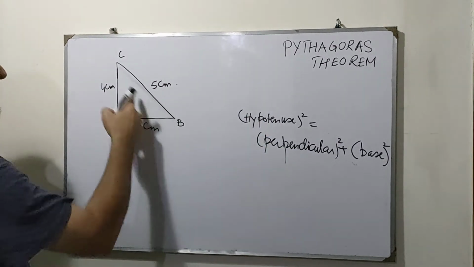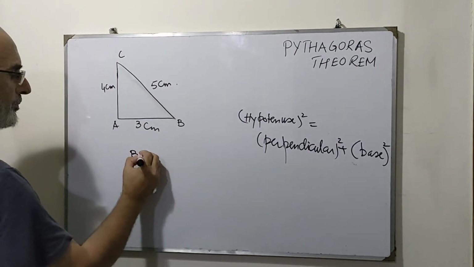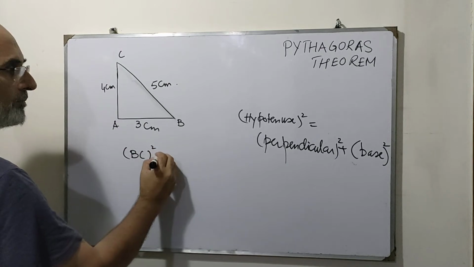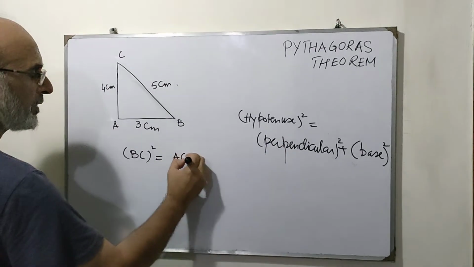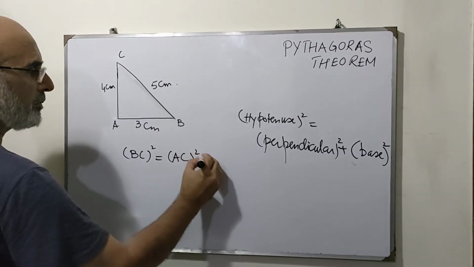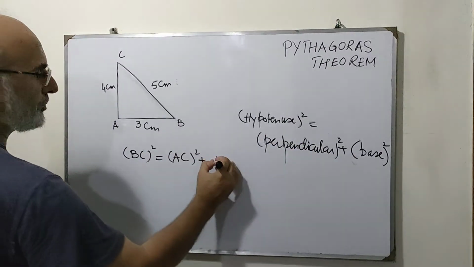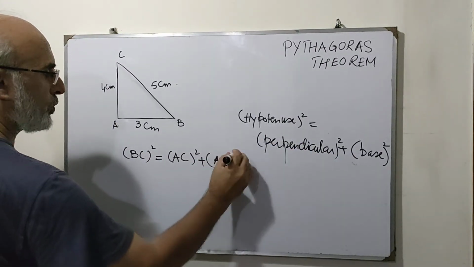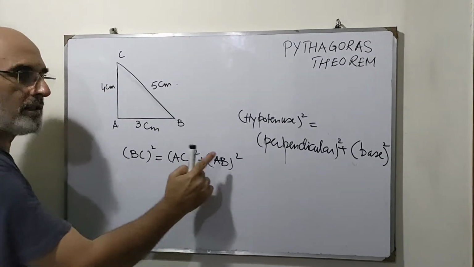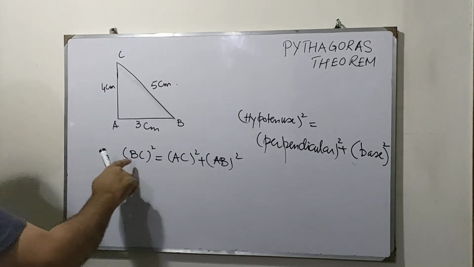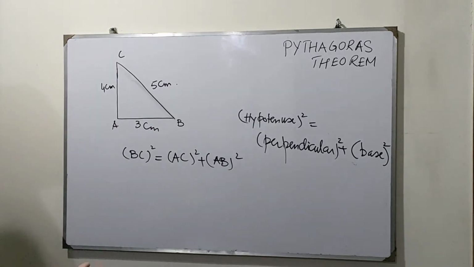What is hypotenuse here? BC. So BC square is equal to perpendicular square, which is AC square, plus base, which is AB square. Now let's put the values of perpendicular and base. I'm not going to put the value of hypotenuse, I'm going to calculate it.